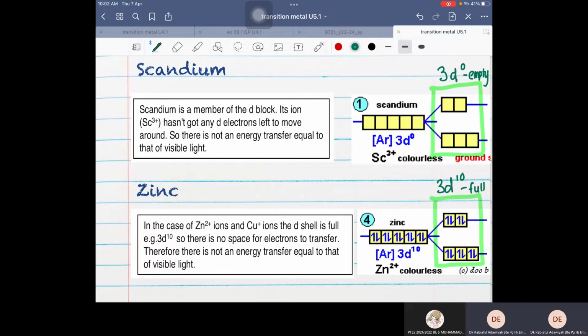So that's what you would write if the question asks why is copper 2+ blue, or why is it a blue solution. However, how do we explain copper 2+ with 6 water molecules, that is a blue solution, and copper 2+ with 4 chloride ions, which is a yellow solution?